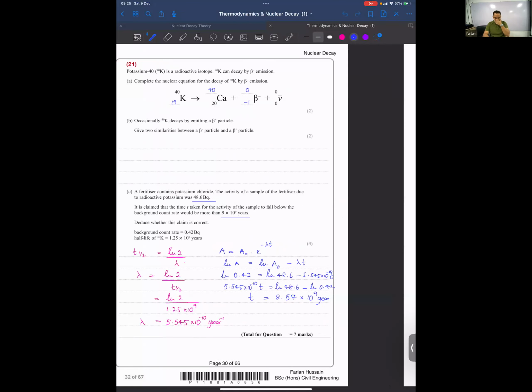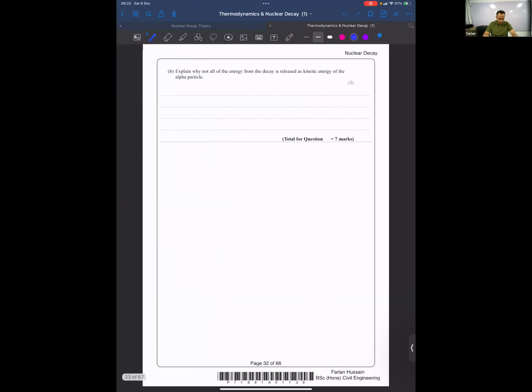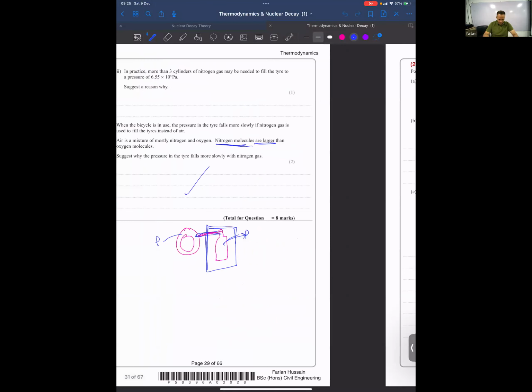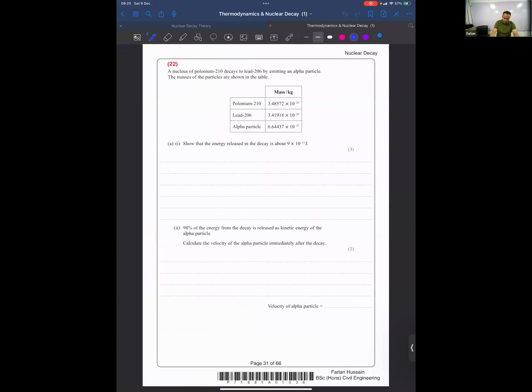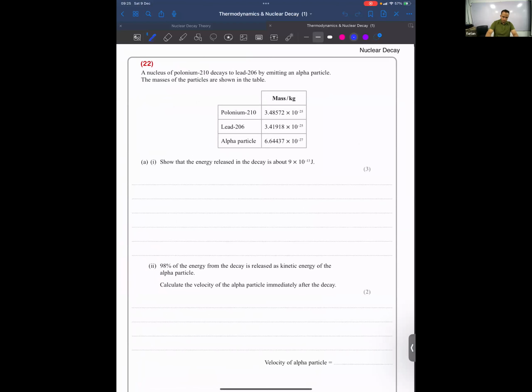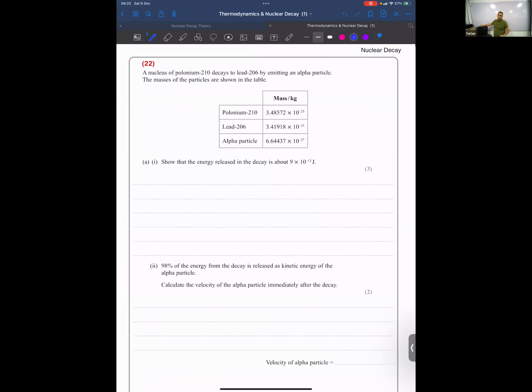Let's take the tubes. Page 31. Question number 22.